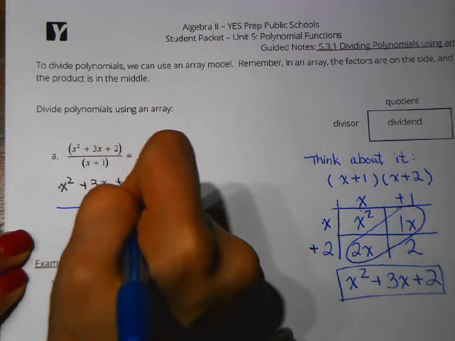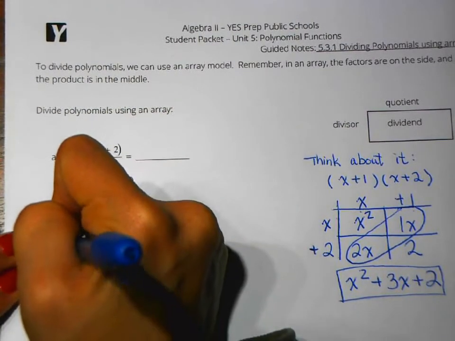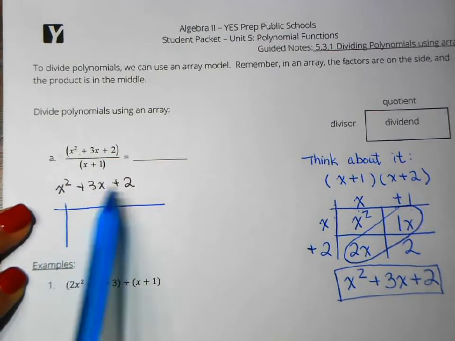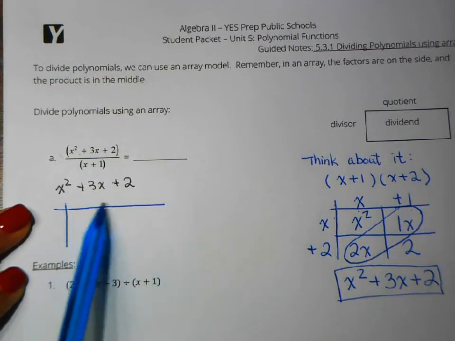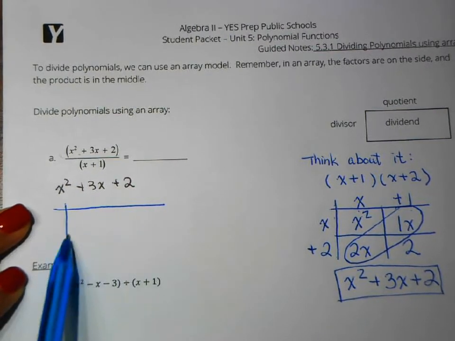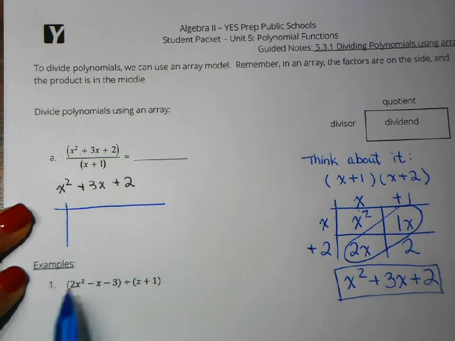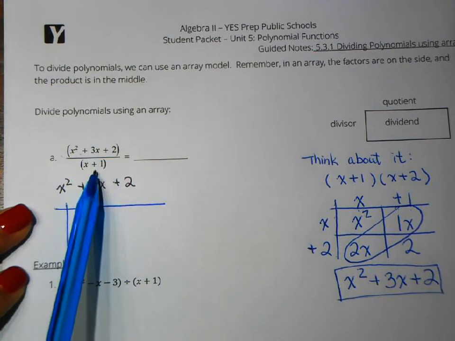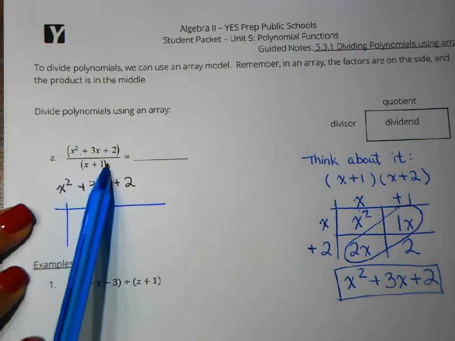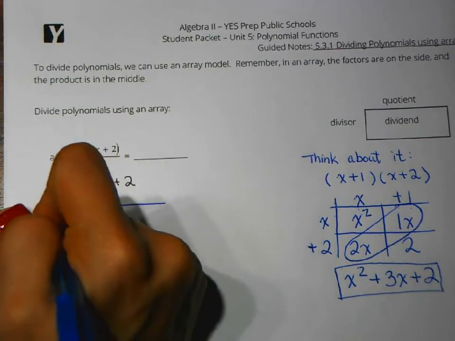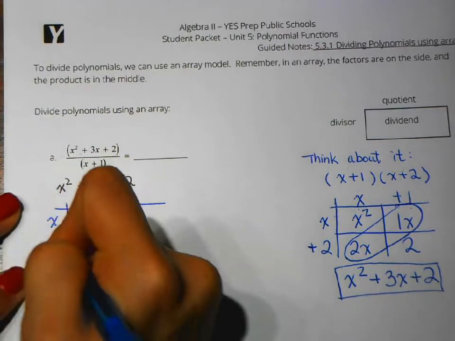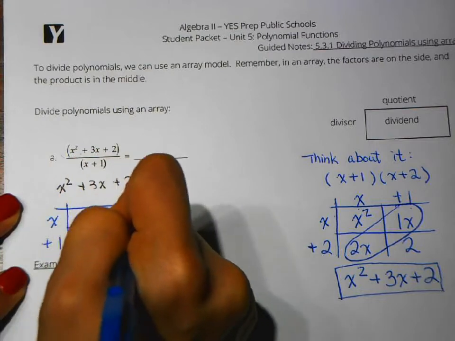Now let's draw the box. I know that x squared plus 3x plus 2 is going to be somewhere in here. That's the answer I get after I combine like terms. I also know that x plus 1 is a factor, so I'm going to put that factor right outside, x plus 1.